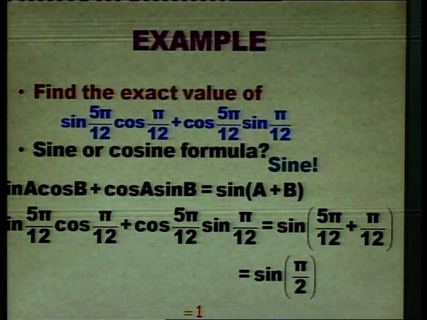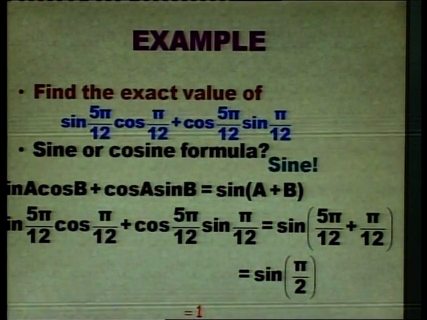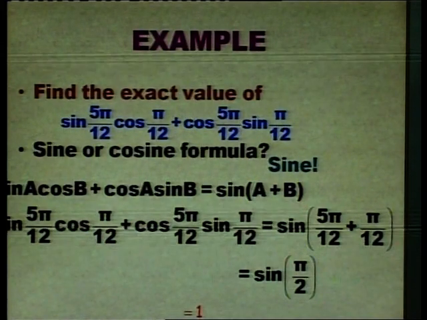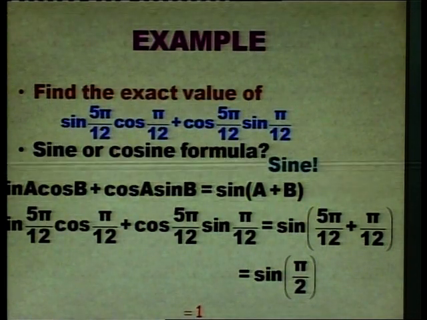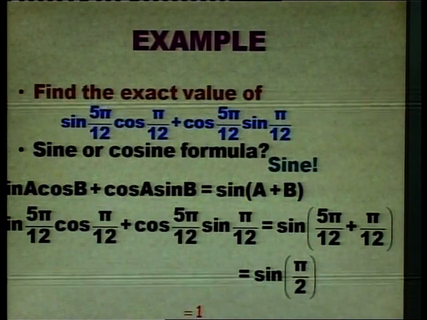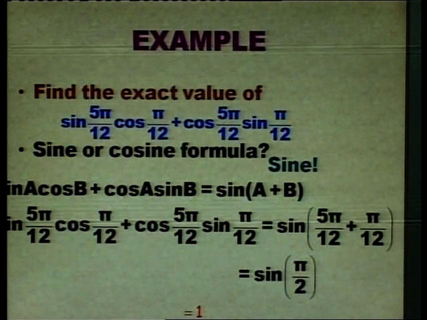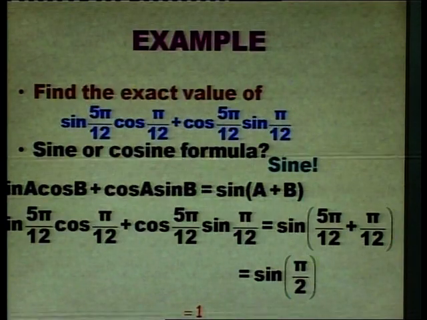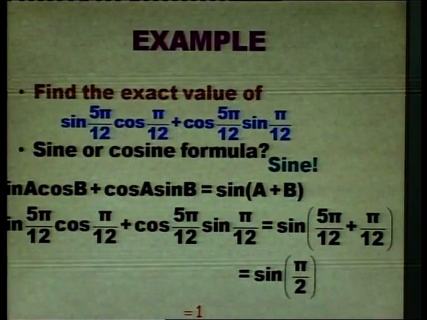Again, you have to think whether to apply the sine formula or the cosine formula, and whether the formula will be of the nature sin(A+B), cos(A+B), sin(A−B) or cos(A−B). As I gave you in the remark, it is something like sine cos, cos sine with a plus sign, so you are bound to apply the formula of sin(A+B).